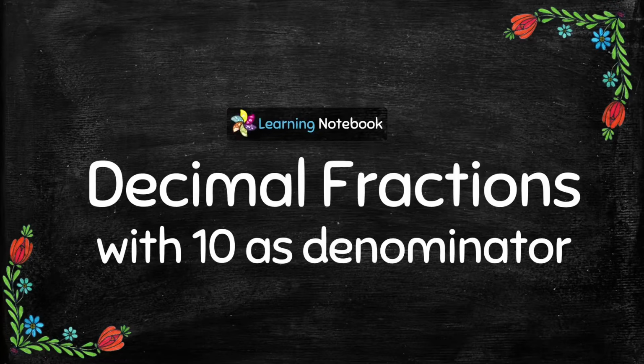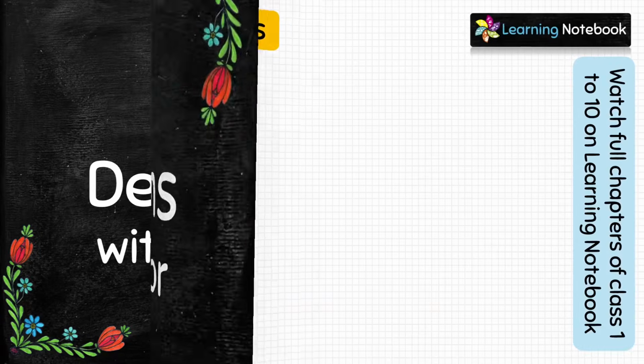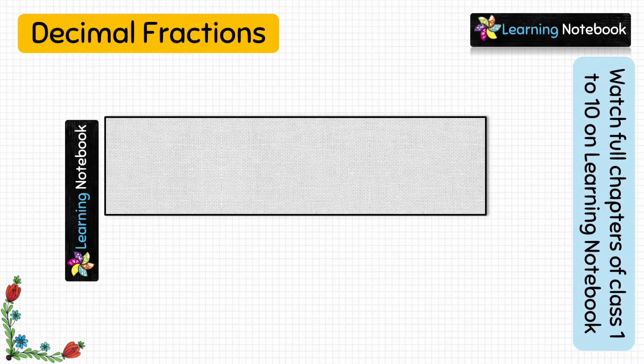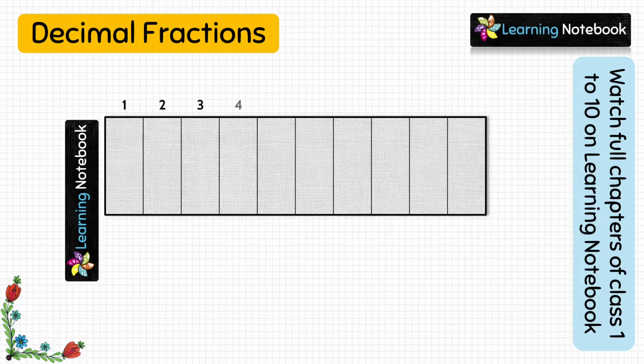Now first let's understand decimal fractions with 10 as denominator. Let's understand this with the help of an activity. Take a rectangular cutout of a paper and then divide it into 10 equal parts. Color any one of these parts.